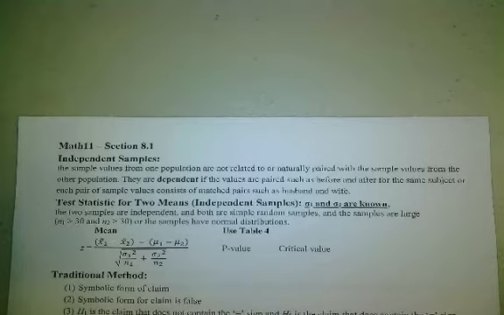The only difference is, instead of looking at one sample and whether or not that gives us information about the population, we're now going to look at two samples. The two samples can potentially come from two populations, and generally speaking, what we're trying to decide is whether there is a significant difference between the two samples, and therefore between the two populations.